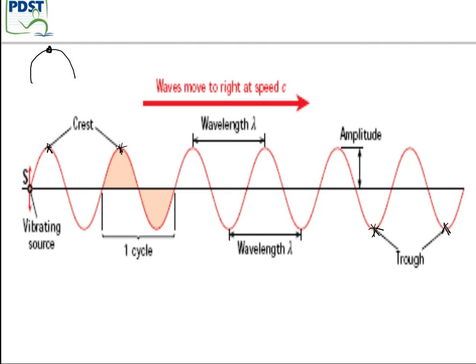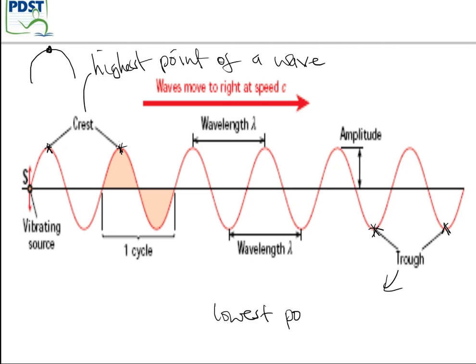So the crest is the highest point of a wave. The trough is the lowest point of a wave. Now, the distance from the center of the wave to the highest point, or from the center of the wave to the lowest point, is known as amplitude.